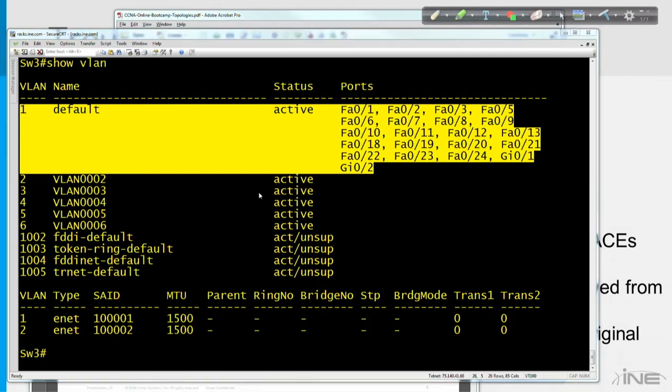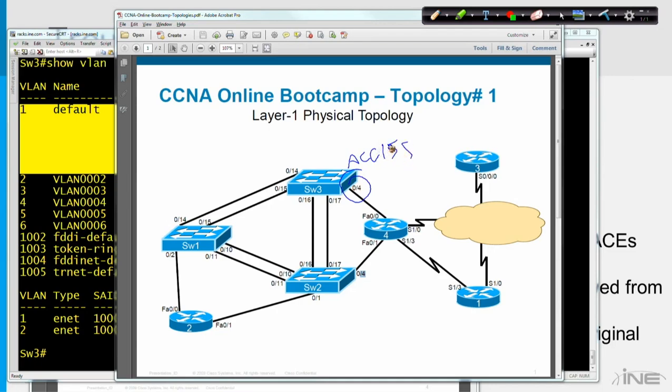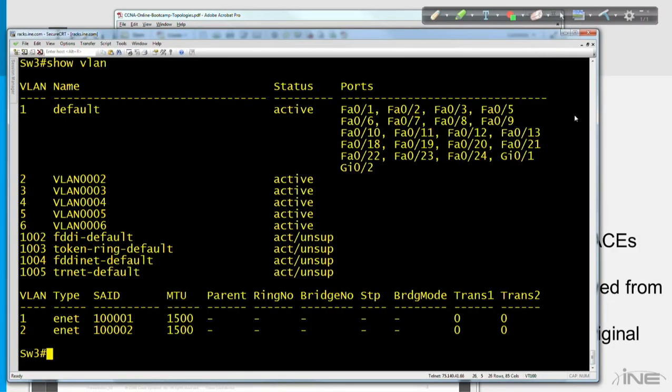Well, going back to our original diagram, this port right here, port 0/4, was configured as an access port, at least it was back when we built this lab, in VLAN 4. And yet it's not showing up in the output of this.